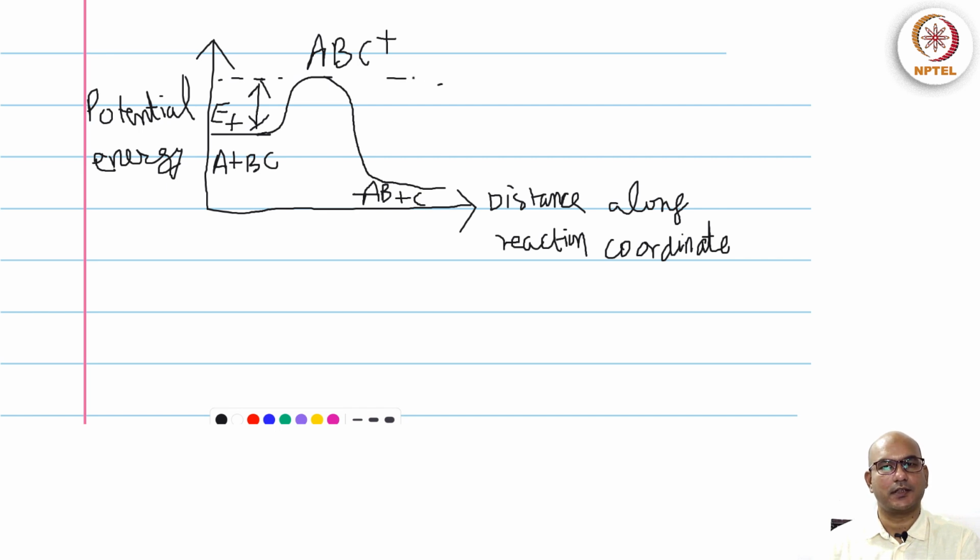The potential energy decrease is this much. Let's term this ER. So now we have reached the product. This energy is basically our initial energy that has to be provided.